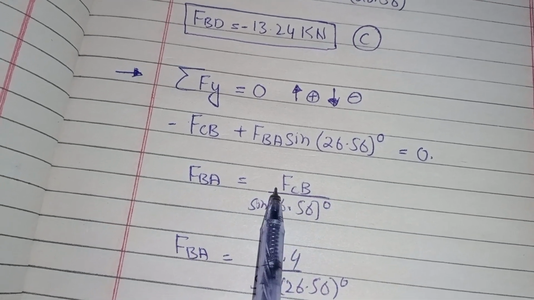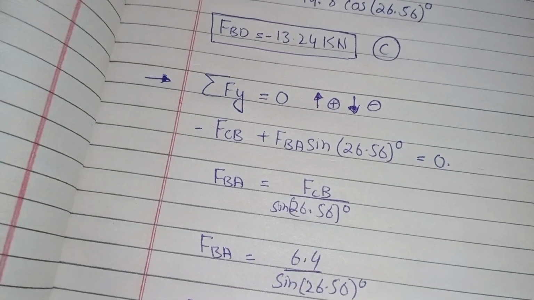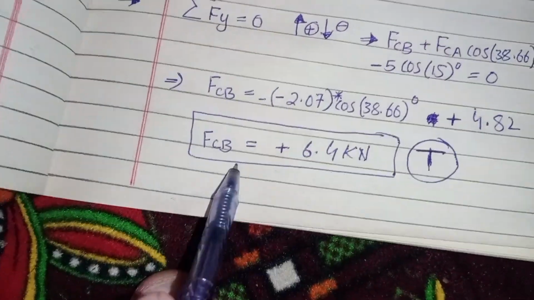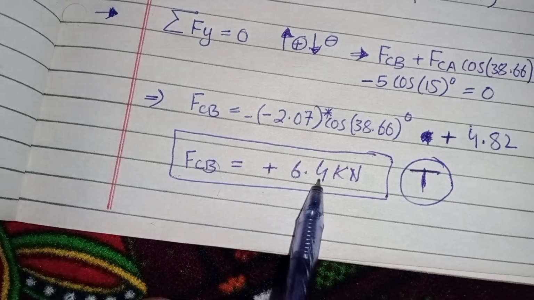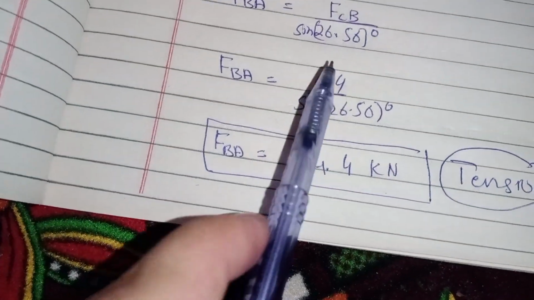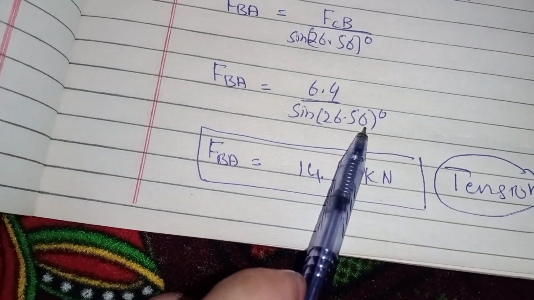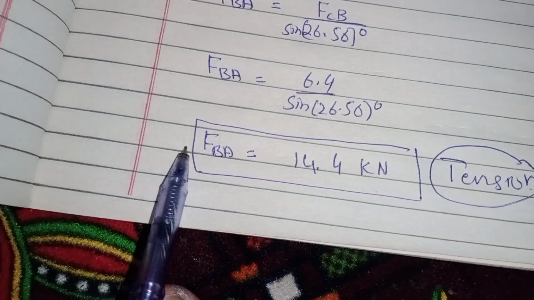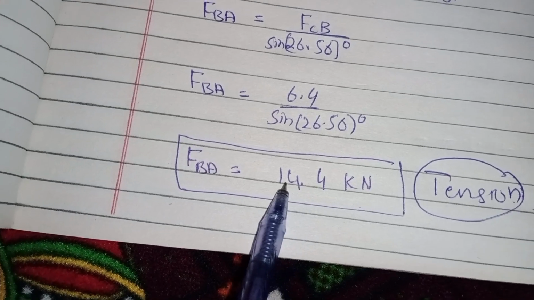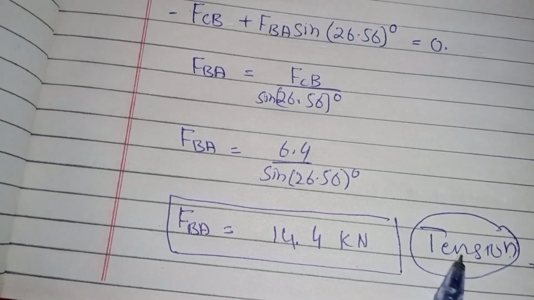FBA will equal to FCB divided by sine 26.56. FCB is 6.4 kilonewton, so 6.4 divided by sine 26.56 degrees. FBA will come out 14.4 kilonewton, which is in tension.